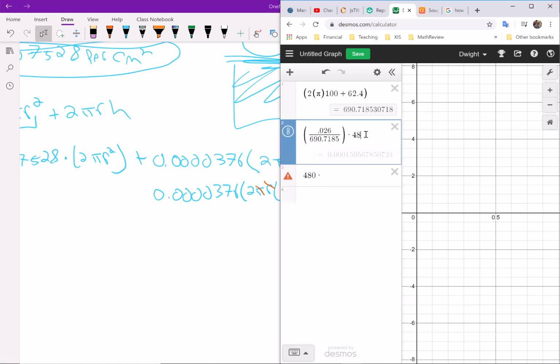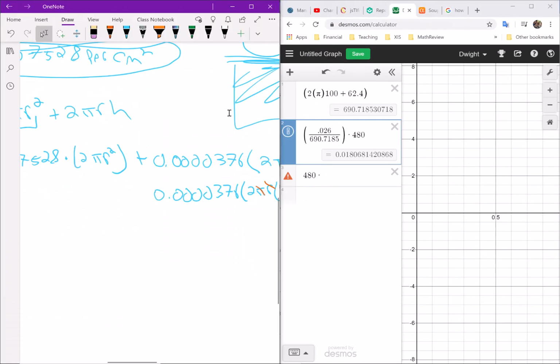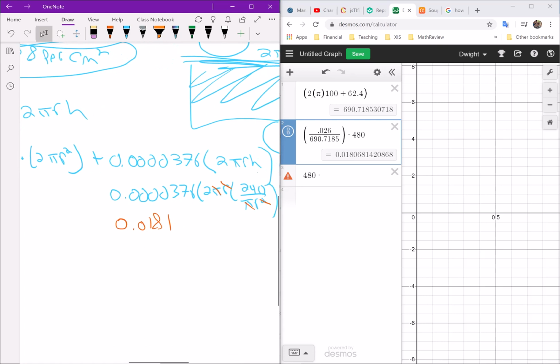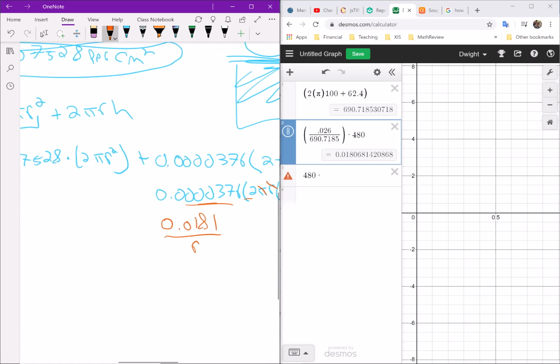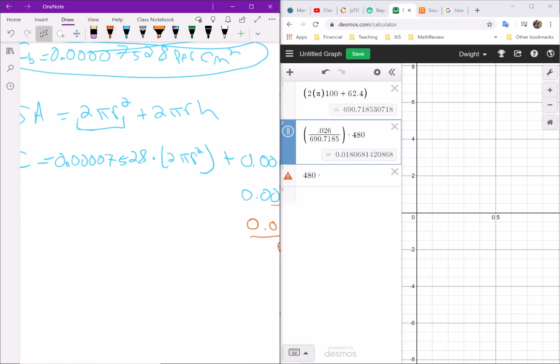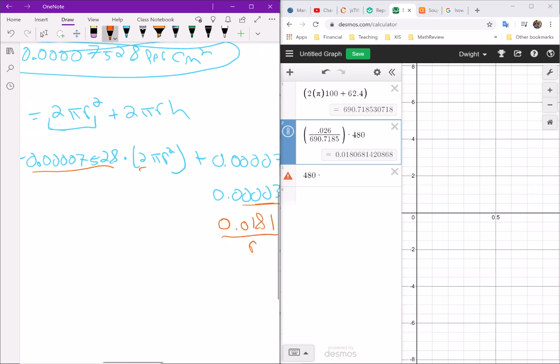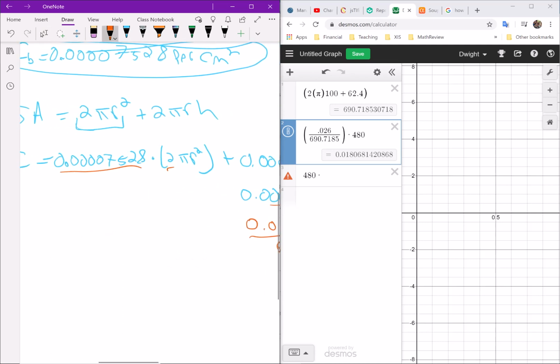So let's just do this times 480 to be precise. So it's going to give us 0.0181 times r over r, right? If I multiply this times 2 times 240, I get that 0.0081. And then for this one, we're basically just multiplying this times 2. We can multiply it by pi as well.